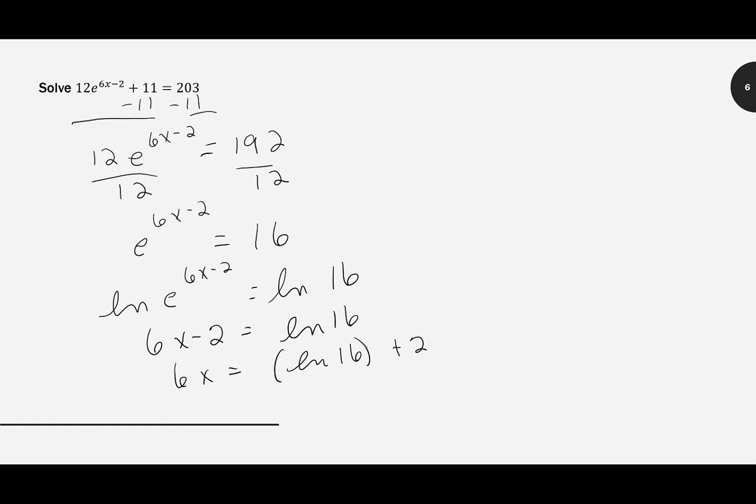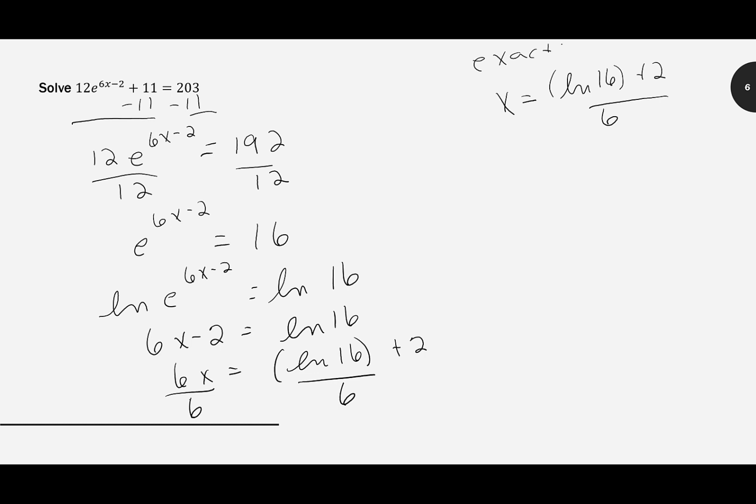Maybe putting parentheses around the natural log will help you separate that so that you're not thinking to add 16 and 2. Then the last thing is divide by 6, divide by 6. So x is equal to the natural log of 16 plus 2 over 6. Again, I'll put those parentheses there. This is the exact answer.